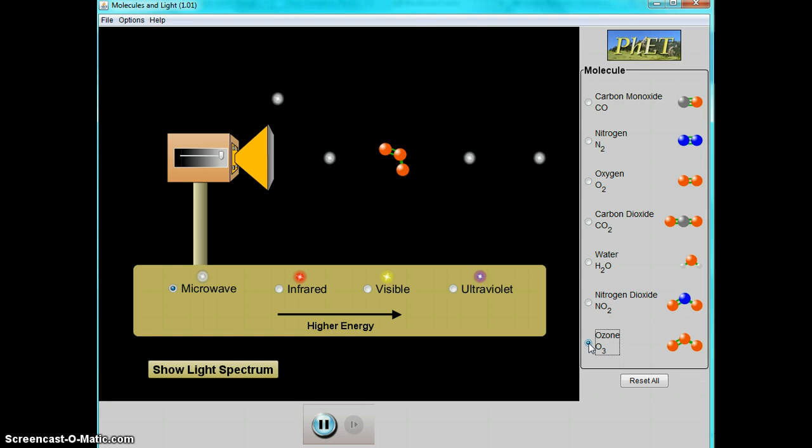And O3, showing here, will actually absorb some of the light and reflect it outwards, protecting us biological beings from the harmful rays of the sun.